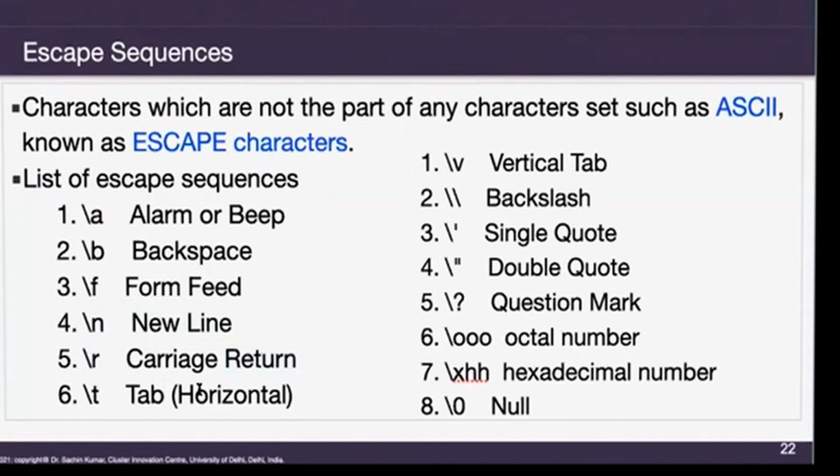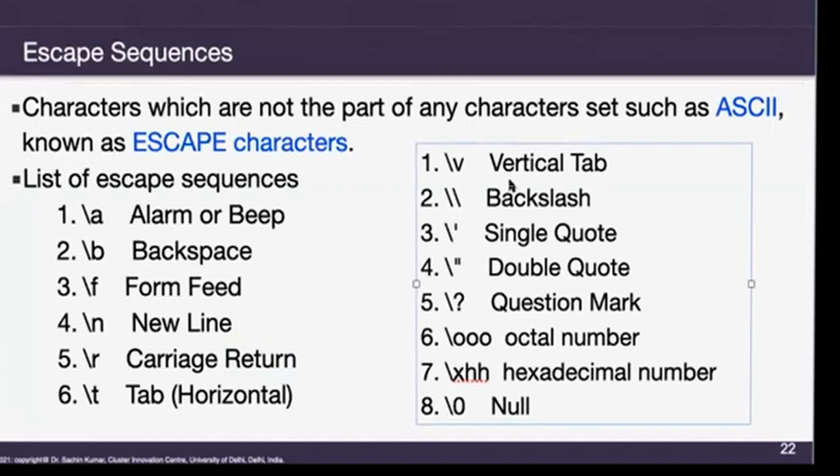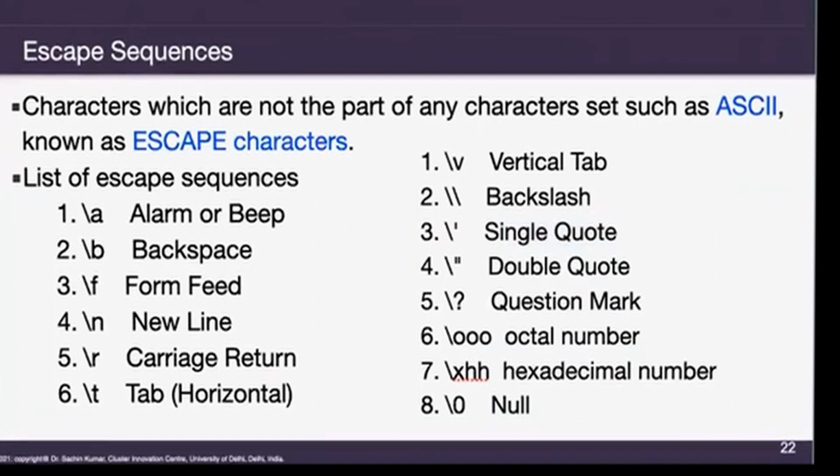If you want to give space between two outputs, there is the tab, then the vertical tab, then this one is backslash, this is single quote, double quote, question mark, octal number, hexadecimal number, and null value, if you want to print them. So you can use these values and experiment with them according to your requirement.